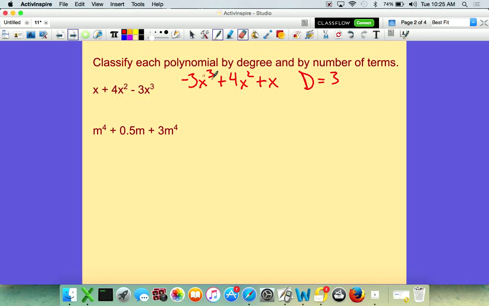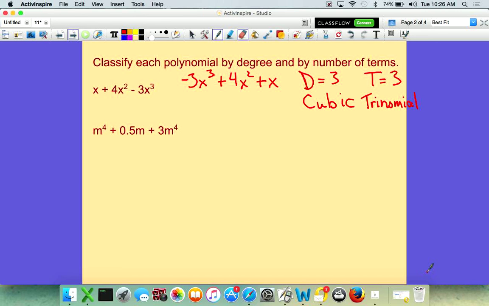We're looking at our highest value there of our exponent. But classify means give it a name. So what was the name that went with 3? That is a cubic. For number of terms, we also have 3 here. So terms is 3. That was a trinomial.